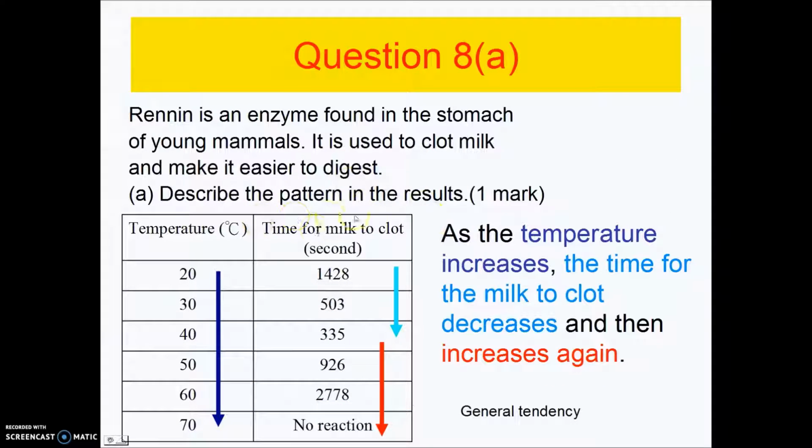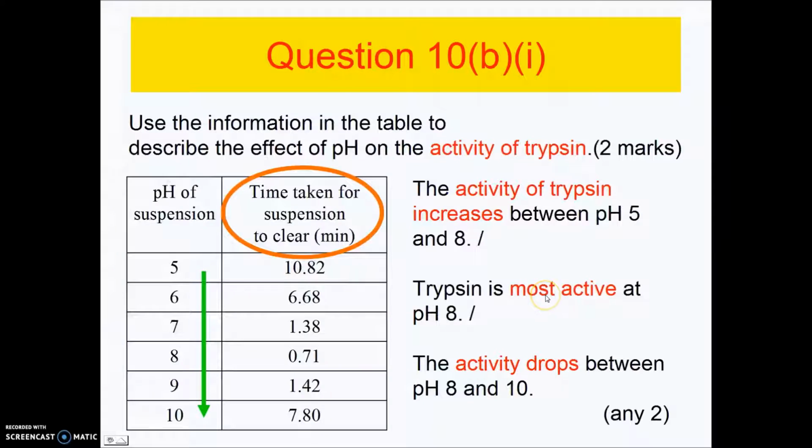this question. Okay, just like this question, the time, but in this question it doesn't ask about the time, it asks about the activity. So you need to change the concept a little bit.